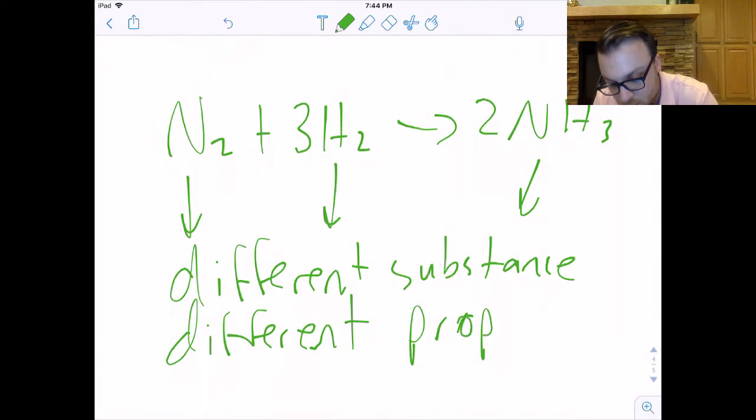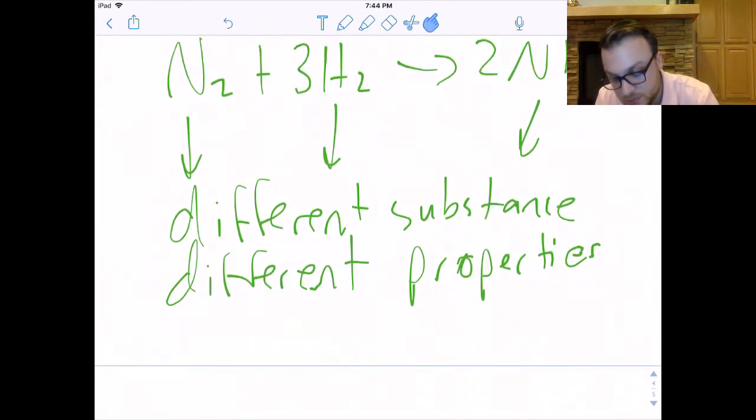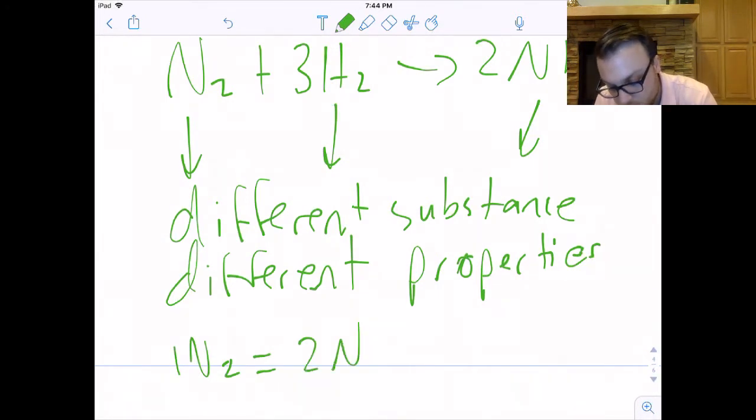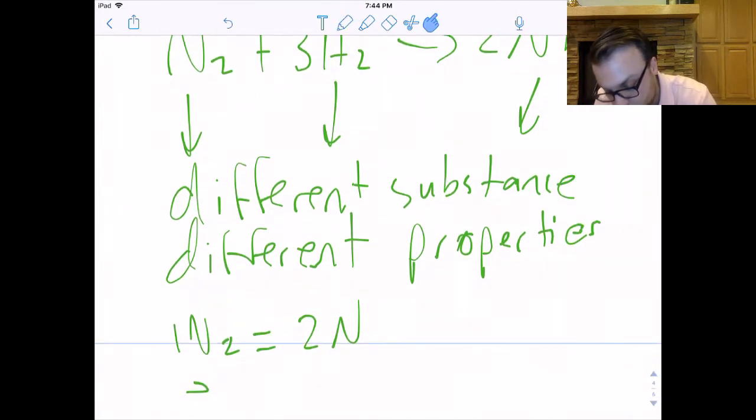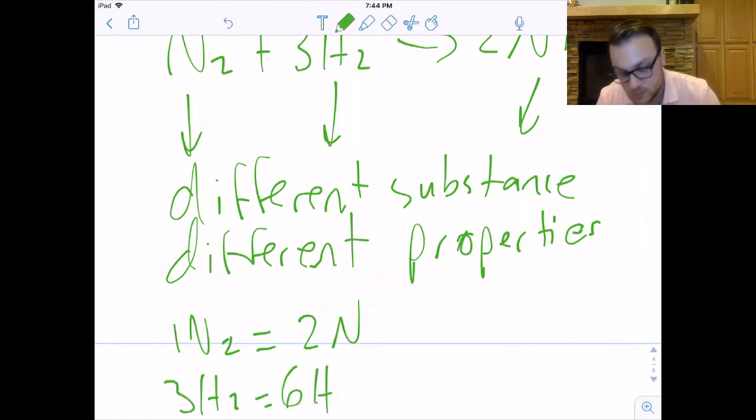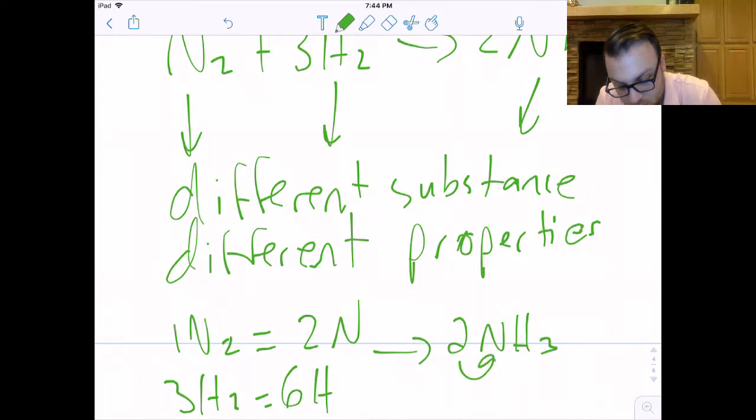If we look at the left side and look at the right side, the left side has 1 N2, which is the same as saying we have 2 N's. We have 3 H2, so that means we have 6 H's. The right side has 2 NH3, which is 2 N's and 6 H's.